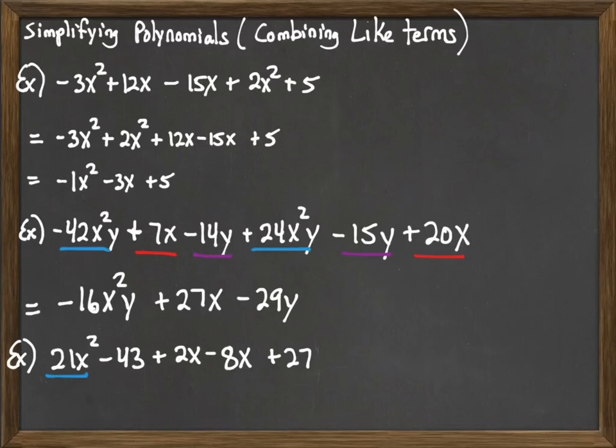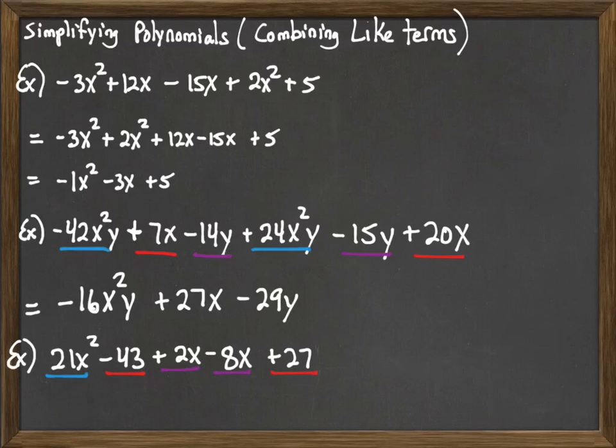Unfortunately, as I look through everything that's left, there are no other x squareds to go with that, so that's it for that one. I have a negative 43 here. I compare that with my other number term, which is a 27. And then I have a 2x and a minus 8x, so I pair those up together.